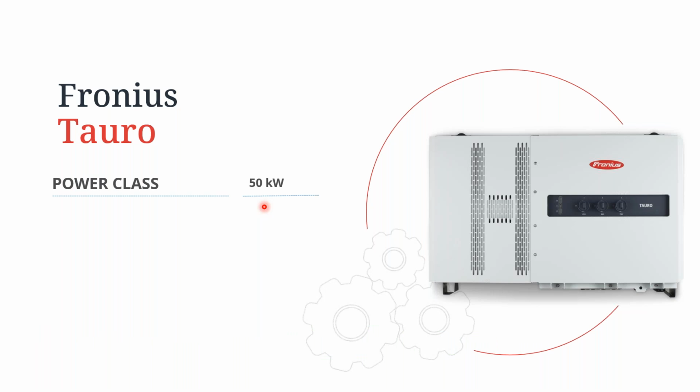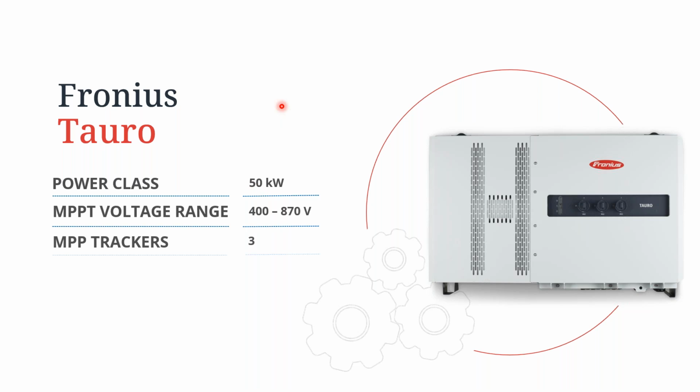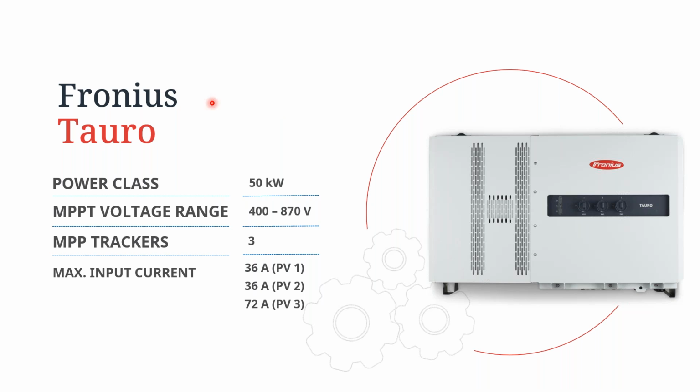As most of you already know, Fronius recently introduced commercial inverters. These commercial inverters are available in 3 standard variations. Variation number 1 is what we refer to as the Fronius Tauro standard.